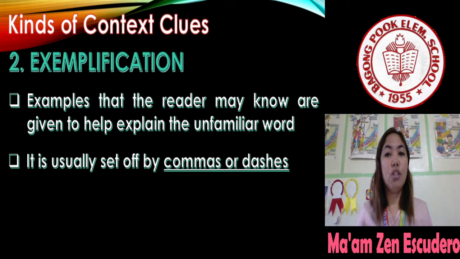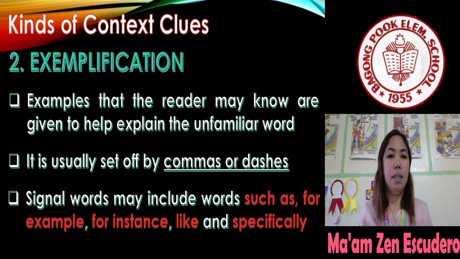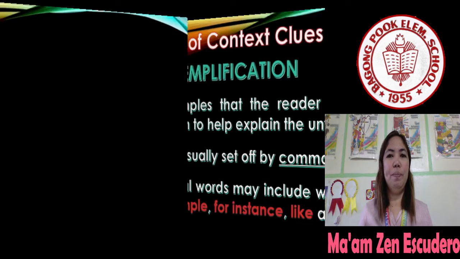It is also usually set off by commas or dashes. And usually they also have some signal words. This includes such as, for example, for instance, like, and specifically. Let's have some examples of context clues with exemplification.